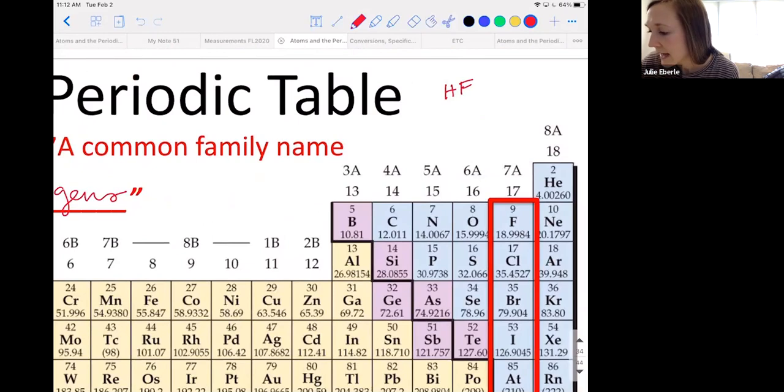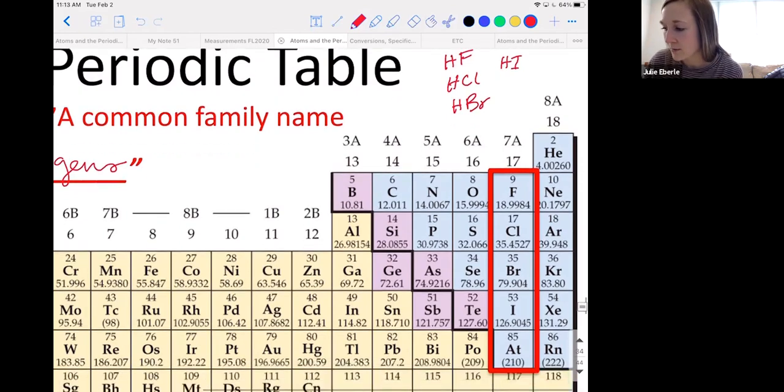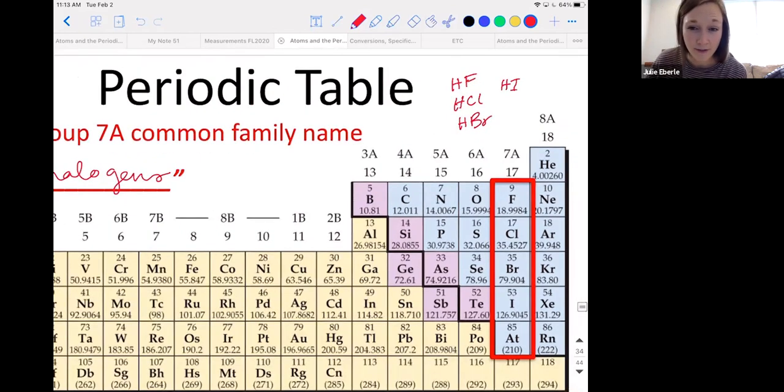HCl is hydrochloric acid. HBr, hydrobromic acid. HI, hydroiodic acid. These are all acids when they're paired with hydrogen. Just to indicate, we know acids are corrosive, and by nature, these elements eat away at things.